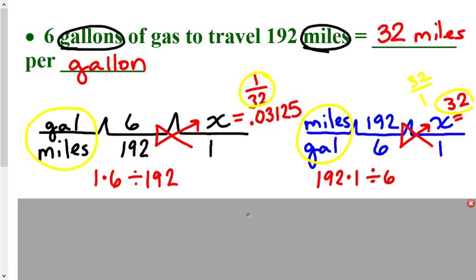Because the other way you could technically write that it is 1/32 of a gallon per mile. But for most people, that's just much harder to understand than if we said it's 32 miles per gallon. Even though both rates really are for the same situation and they're both correct, it's going to make more sense for most people to say 32 miles per gallon.